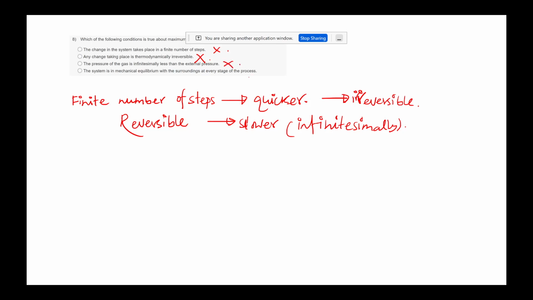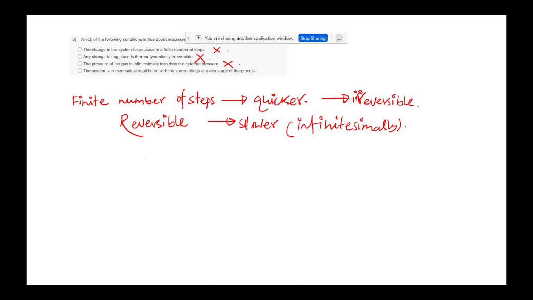Like, the system is in thermal and mechanical equilibrium with the surroundings at every stage. That can be true, because mechanical equilibrium means there is no heat loss, or no change in heating.